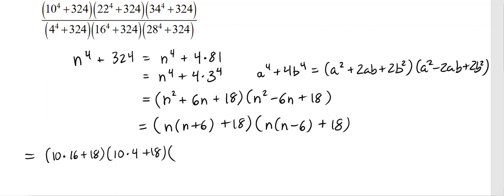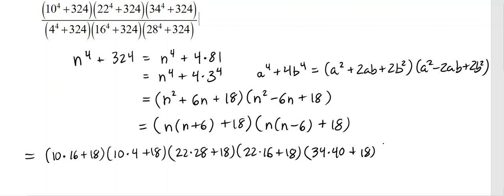Now we let n equal 22. We get 22 times 28 plus 18, and we get 22 times 16 plus 18. And finally, in the numerator, we let n equal 34. We get 34 times 40 plus 18 times 34 times 28 plus 18.